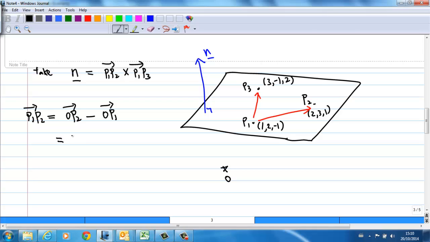Now OP2 is the vector 2, 3, 1. OP1 is the vector 1, 2, -1. So P1P2 is equal to 1, 1, 2. You can see that P1P2 is actually OP2 minus OP1.